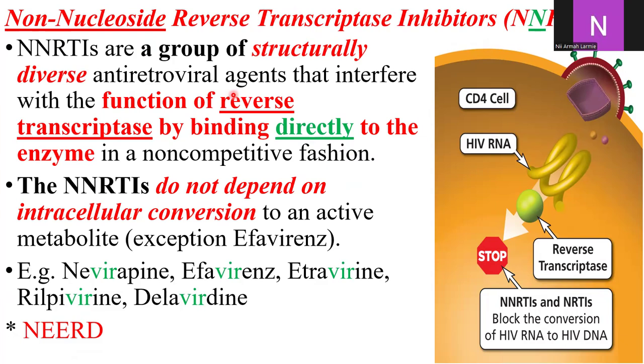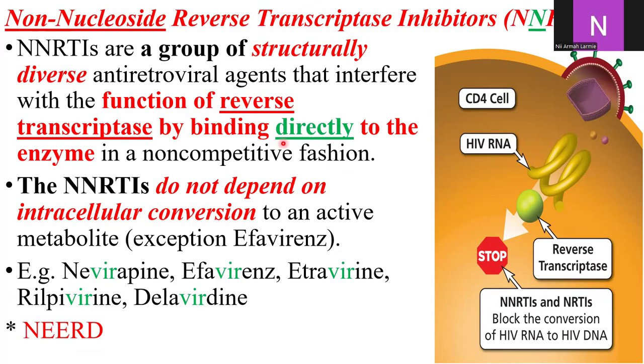All right. Now, these non-nucleoside reverse transcriptase inhibitors do not share a common structure. In fact, their structures can be very diverse, but all of them directly bind to the enzyme and inhibit it.